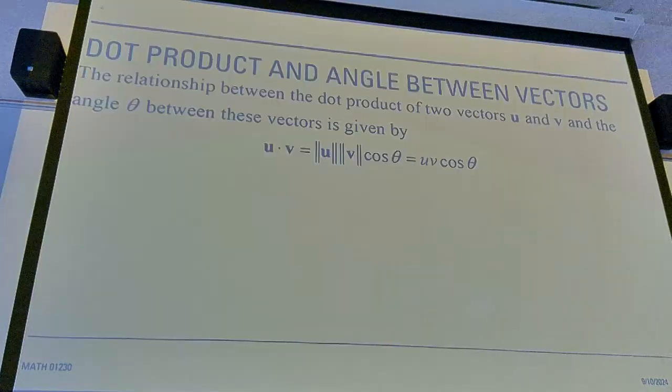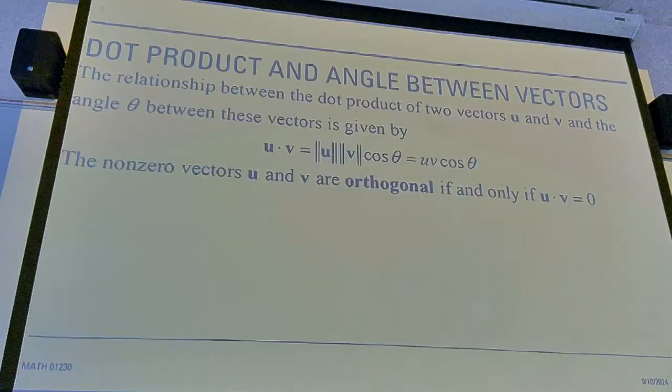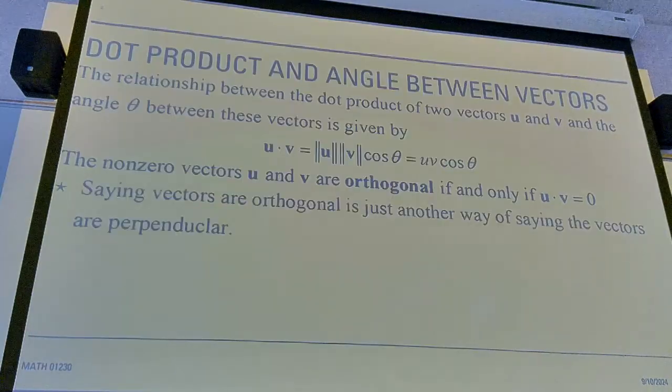So orthogonal vectors are just two vectors that make a right angle. What's the cosine of a right angle? So vectors are orthogonal if and only if their dot product is 0. And there's a third way to say perpendicular too that we'll look at: normal.